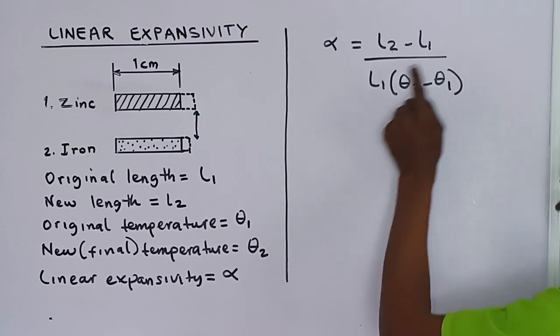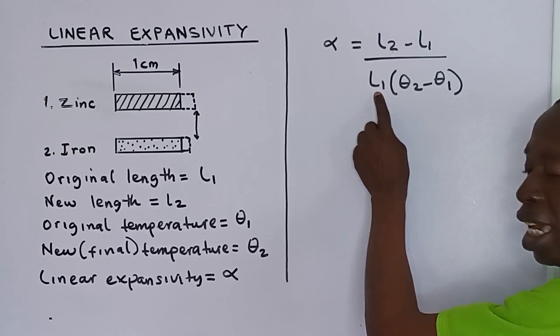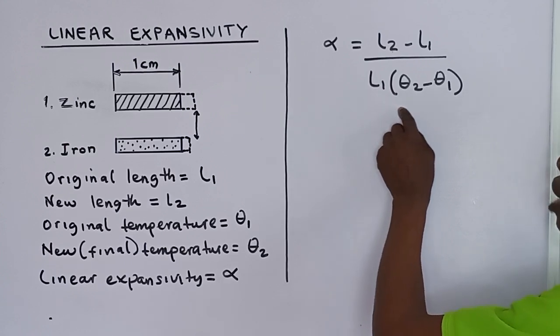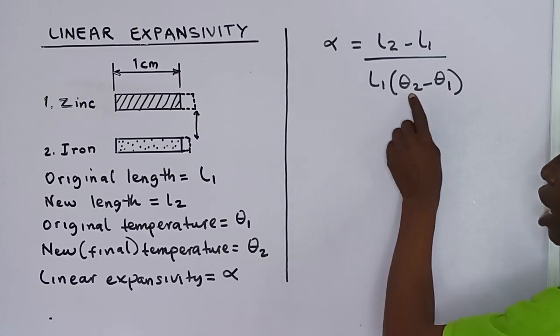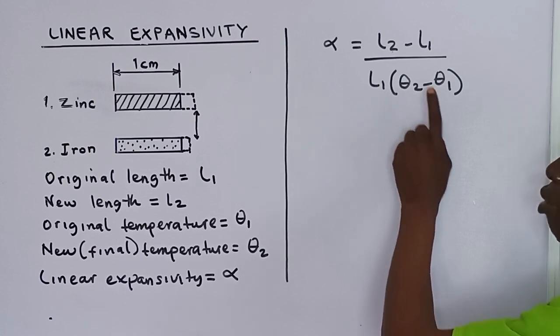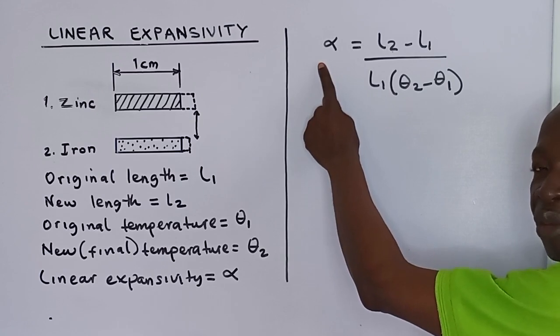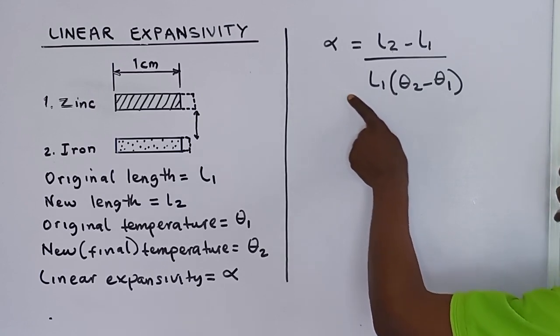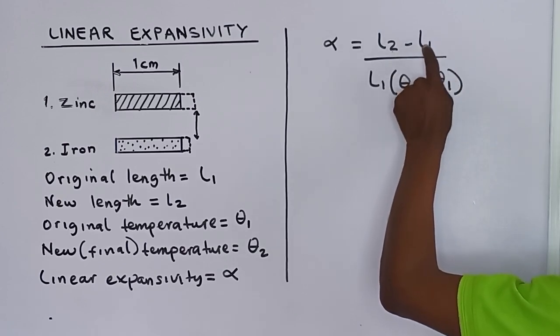You divide that by the product of the original length as well as the difference between the initial temperature and the final temperature. So let me come again.